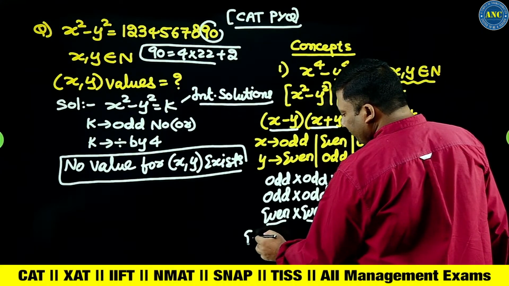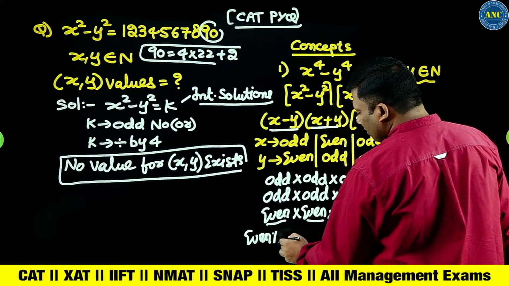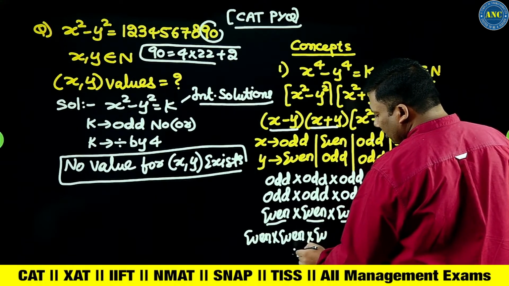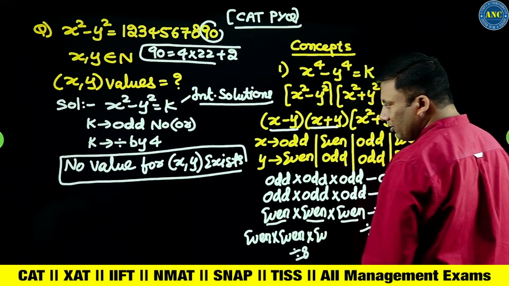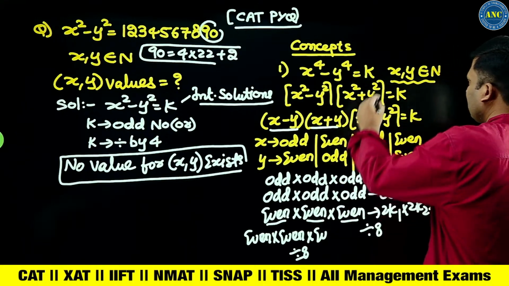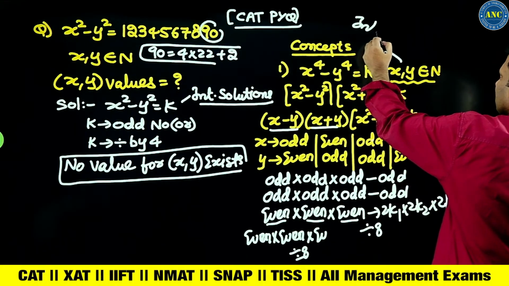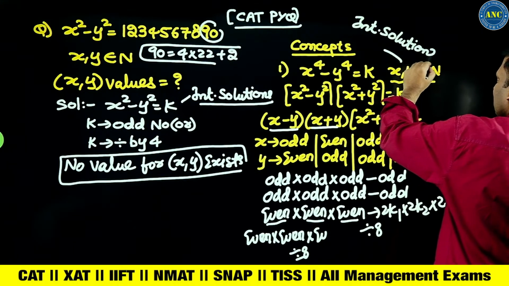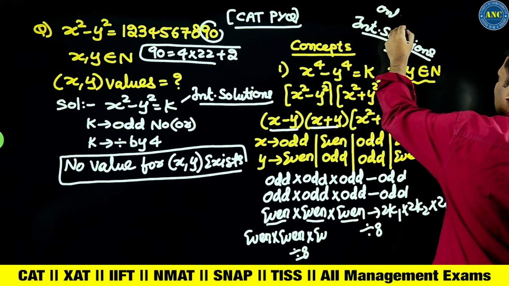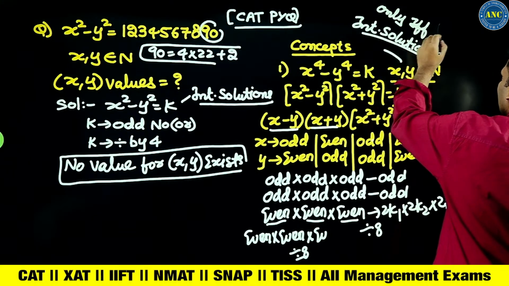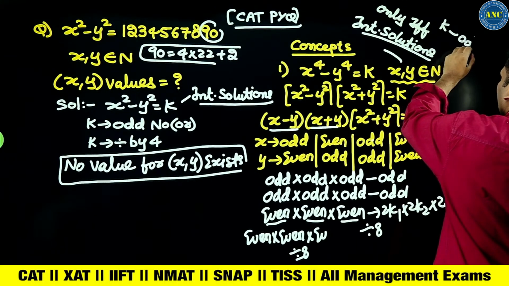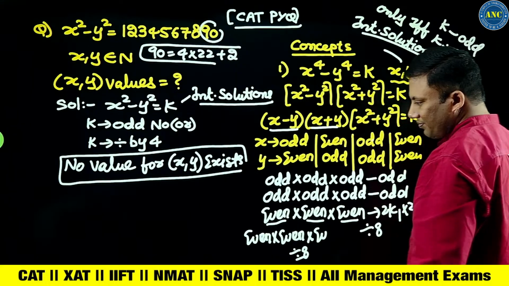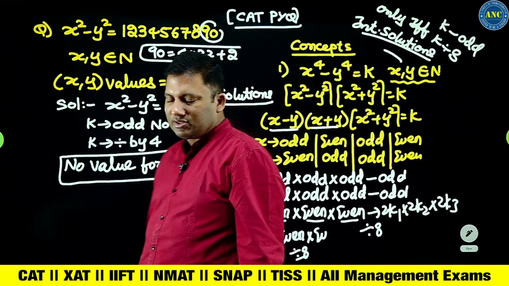Even and even. Even minus even, even plus even, even square plus even. The right hand side is divisible by 8. That means this equation has integral solutions only if k is an odd number or k is divisible by 8.